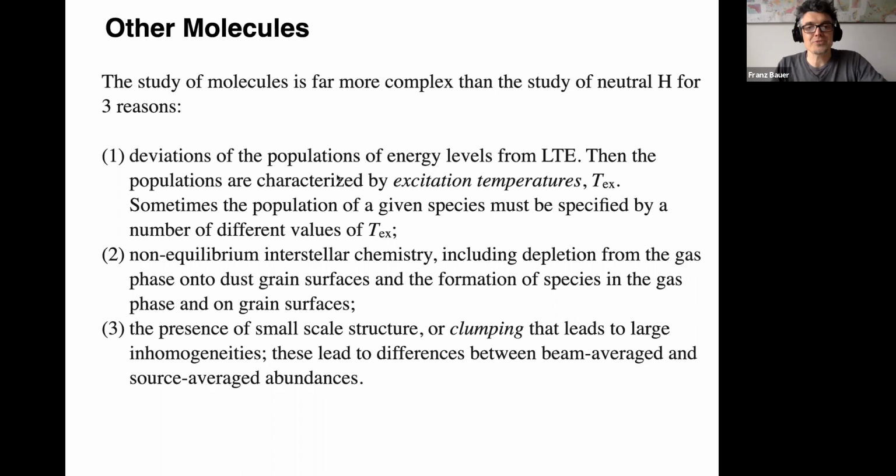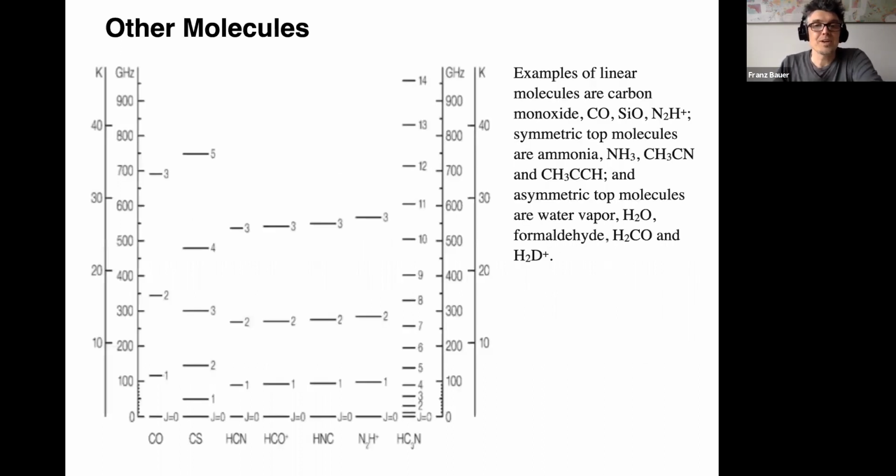Okay, so not to dissuade you too much from this, I'll show some examples of some things you can do with them that are useful. So this is just a look at various molecules and their rotation ladder. So this is in terms of Kelvin.